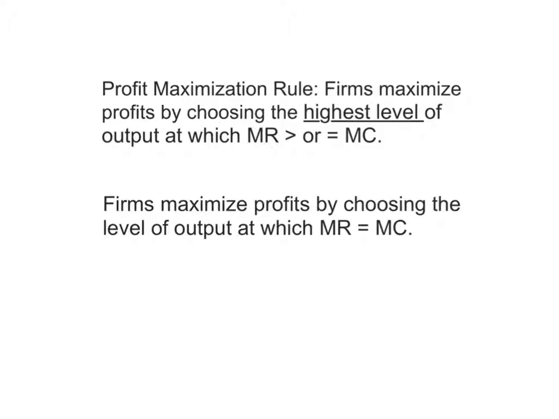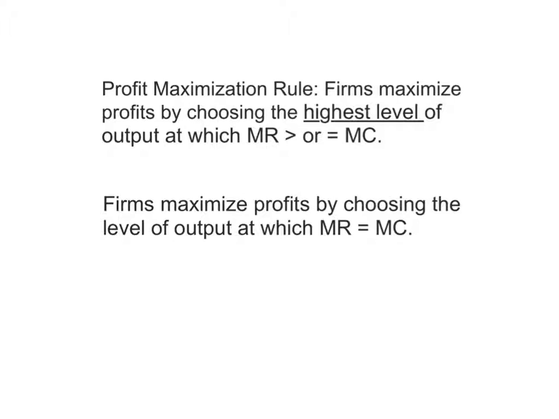I've borrowed this from Chapter 3 in our textbook. The profit maximization rule says that firms maximize profits by choosing the highest level of output at which marginal revenue is greater than or equal to marginal cost. Again, this is borrowed from Chapter 3.